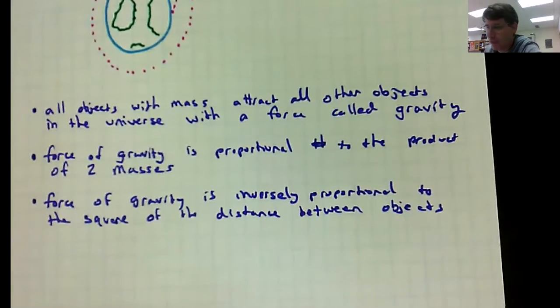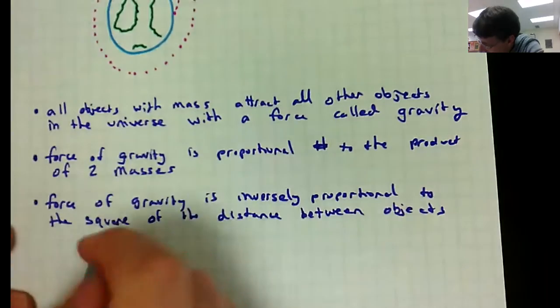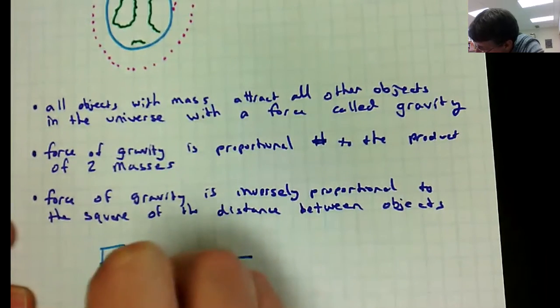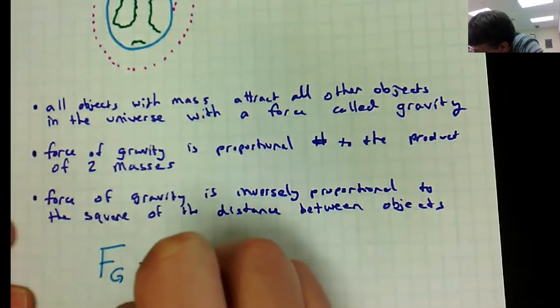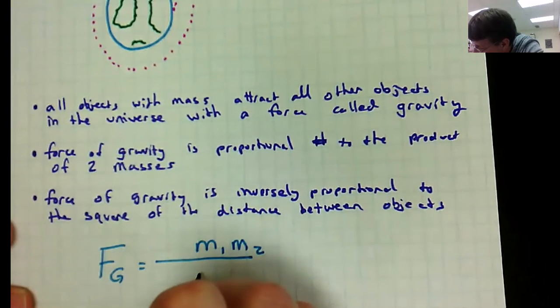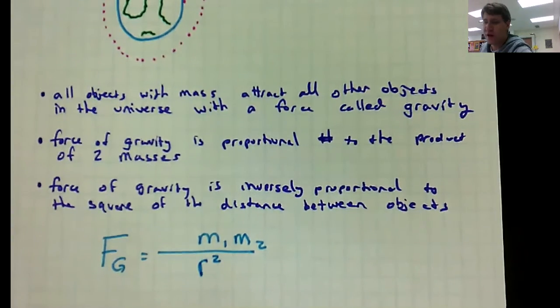And then we can summarize this in one equation, and that equation is the force of gravity is equal to, leave a spot here because I'm going to put something there in a second, but I'm going to put the product of two masses on the top, and I'm going to put the distance at the bottom. I'm going to refer to the distance, though, as a radius, because oftentimes we are talking about circular motion.